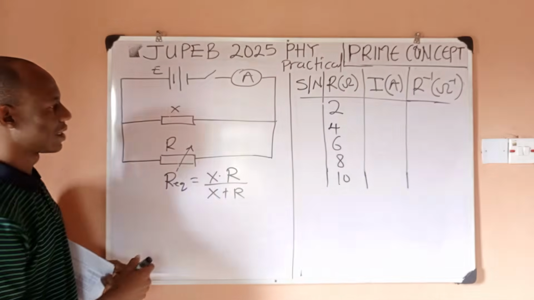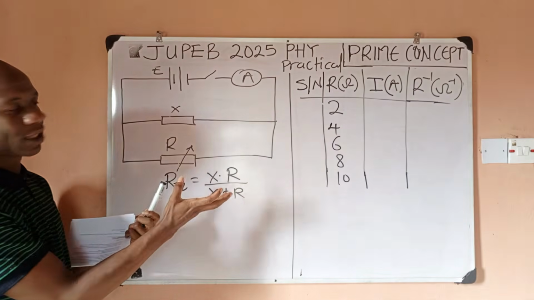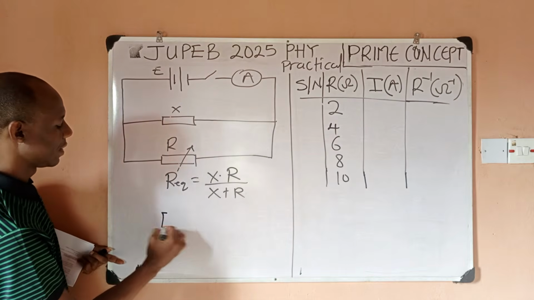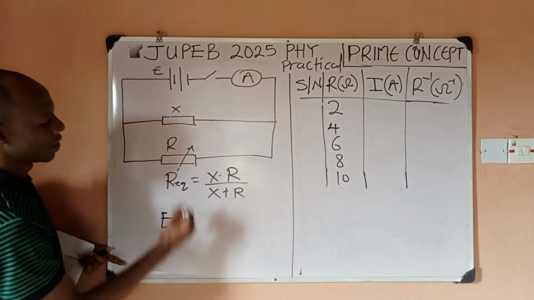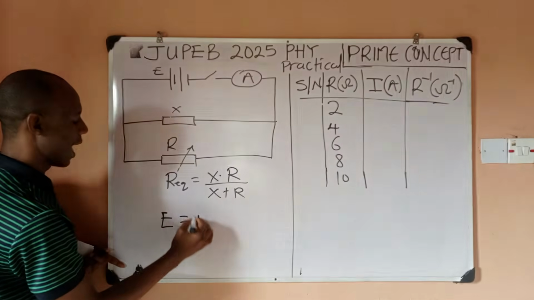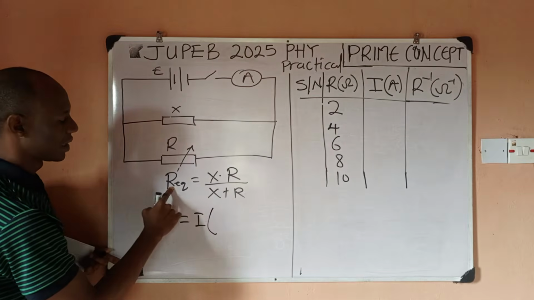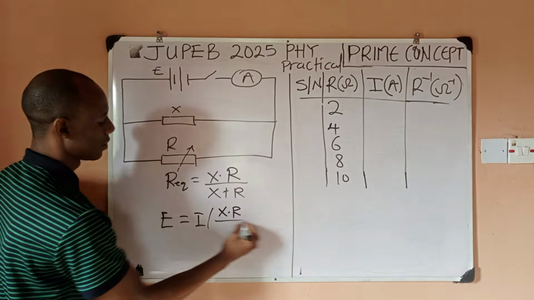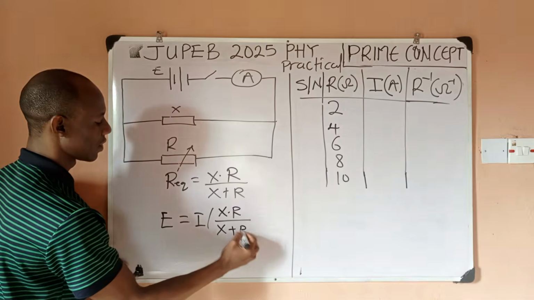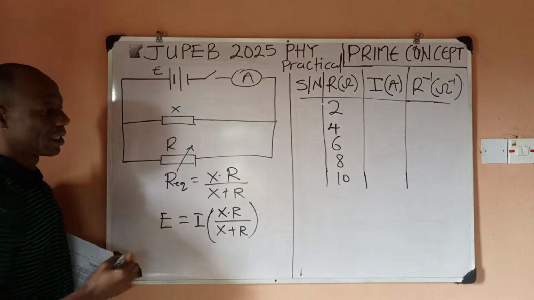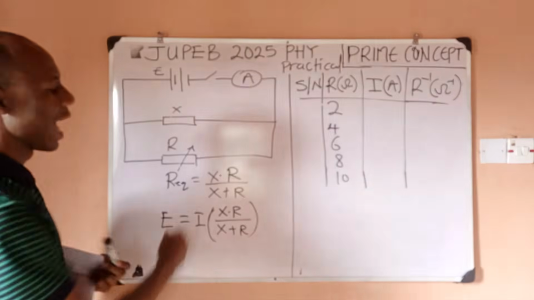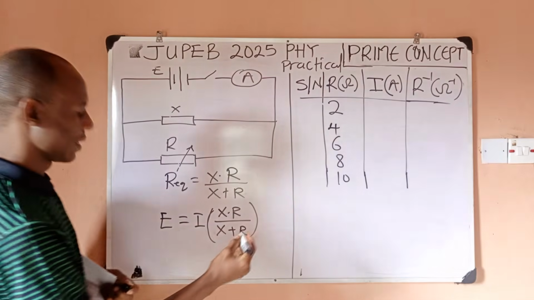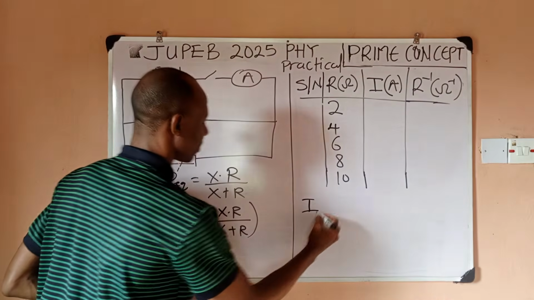So this is the equivalent resistance when you have two resistors arranged in parallel. I now have an equivalent circuit that follows Ohm's law, so that E, which is the voltage, is equal to the total current I times the equivalent resistance, which is XR over X plus R. Now remember, I'm trying to find I, so I make I the subject.